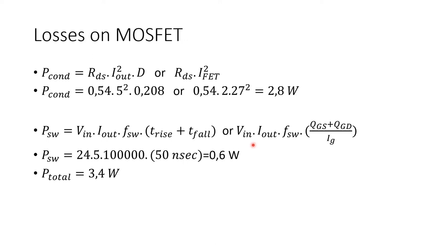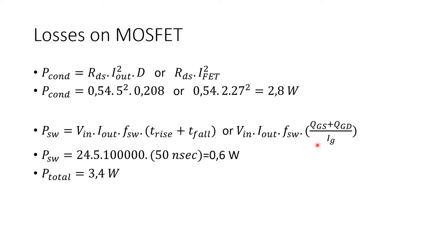Or you can multiply these same parameters with the gate source and gate drain charge divided by the gate current. This also gives the rise and fall time of the MOSFET, but since we do not know the gate current, it's easier to use the rise and fall time in our case.